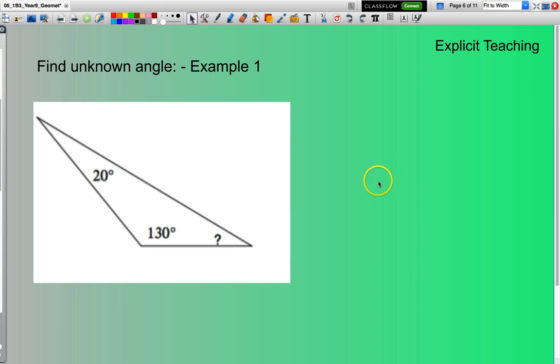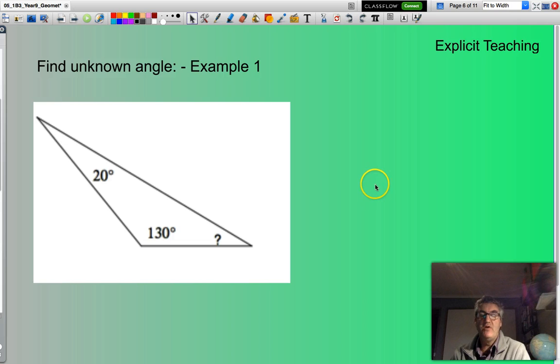Now, if I'm looking to find out unknown angles in triangles, here is my first example. Should be fairly straightforward. If I'm trying to find that angle there, I could say that angle is 180 minus the sum of this angle and this angle here.